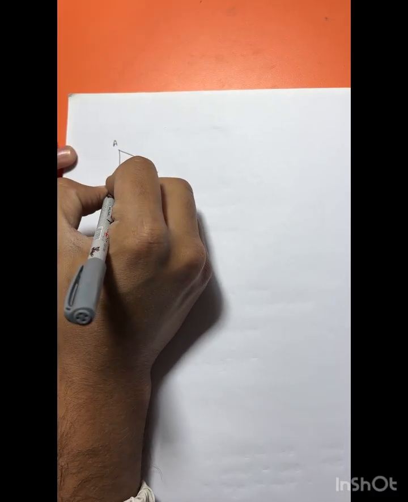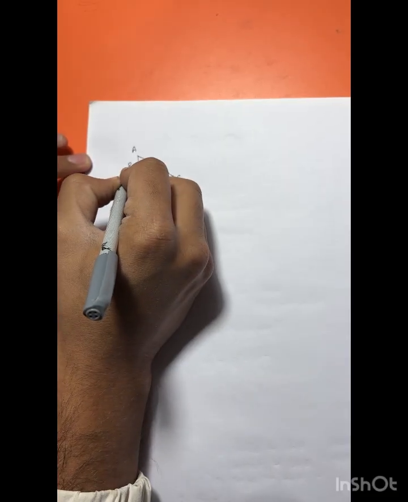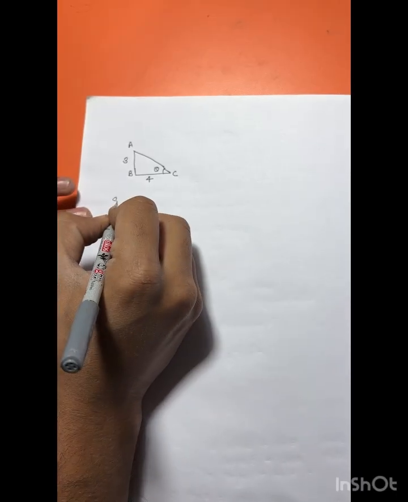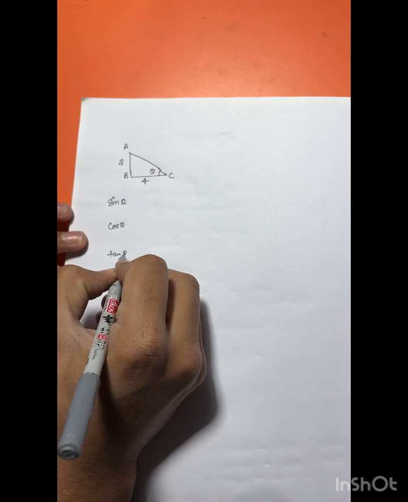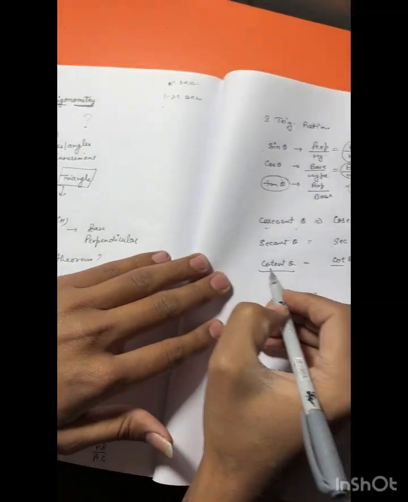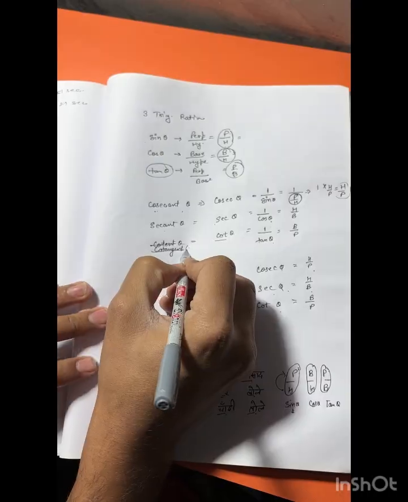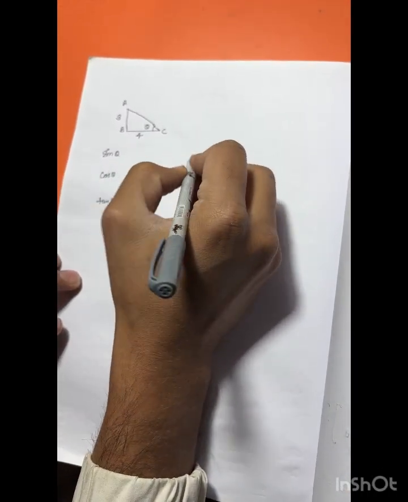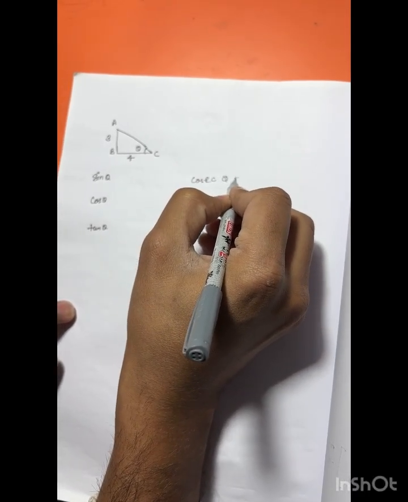Let this be a right angle triangle, and this angle is given as theta. This side is 3 and this side is 4, and we are asked to find sine theta, cos theta, tangent theta, cotangent theta, secant theta, and cosecant theta.